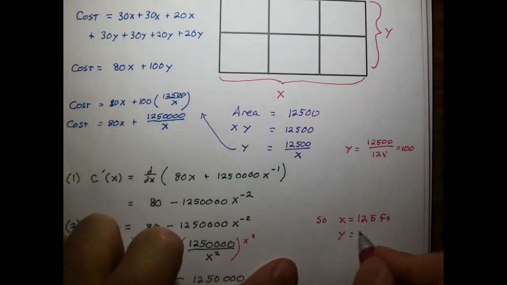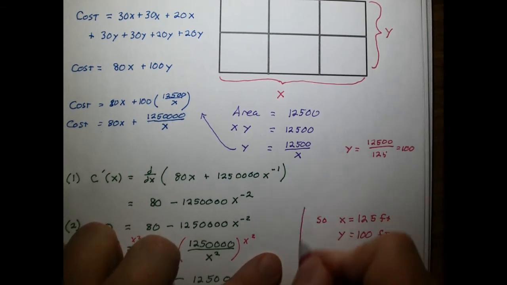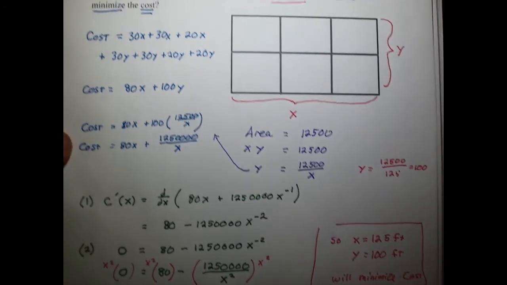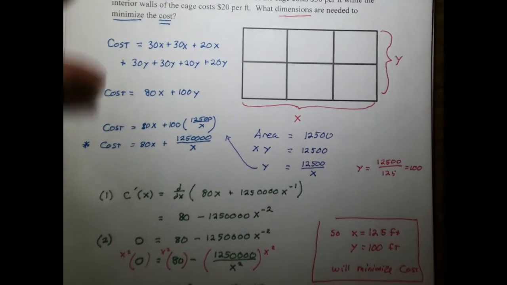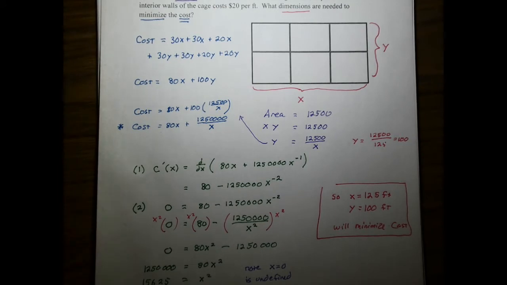So y would have to be 100 feet. We'll minimize the cost. So for a problem like this, we had to first set up the cost function and then use calculus to answer the minimum.